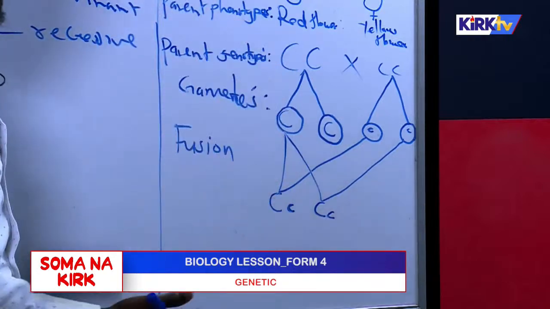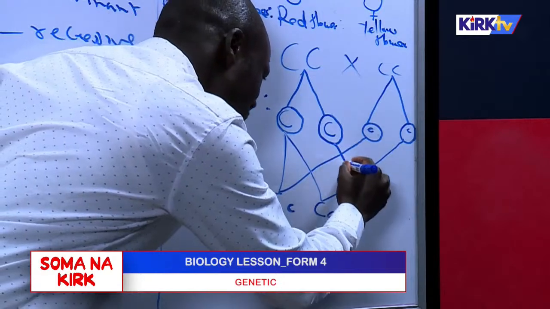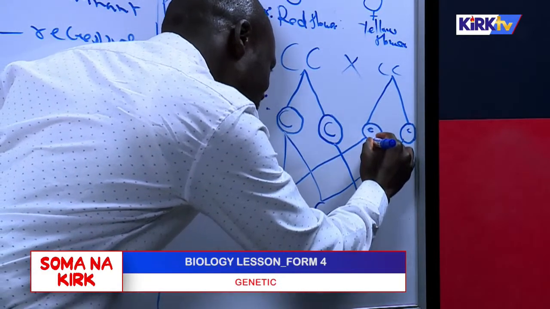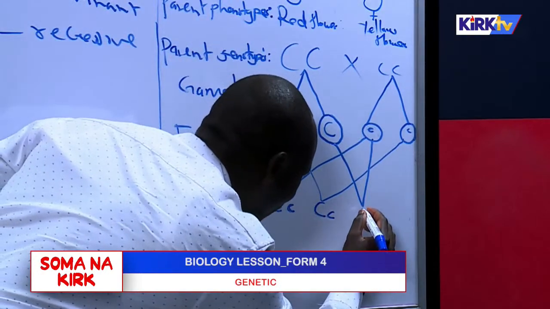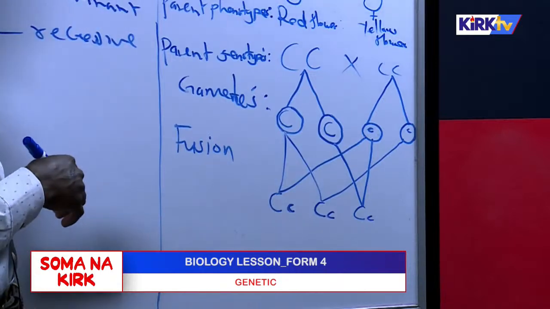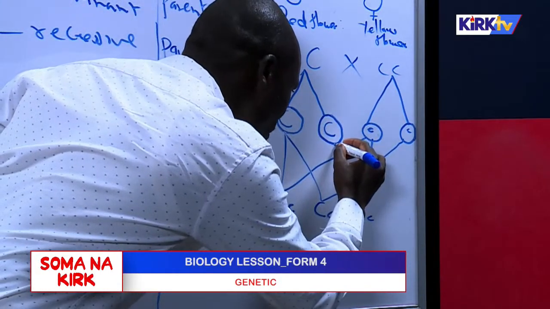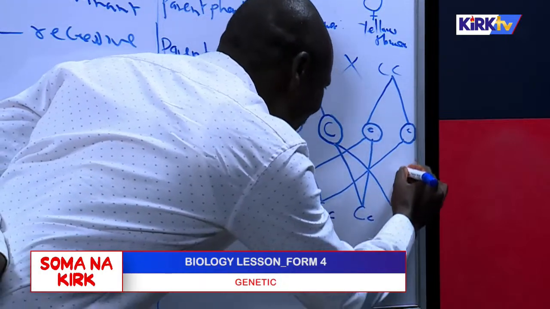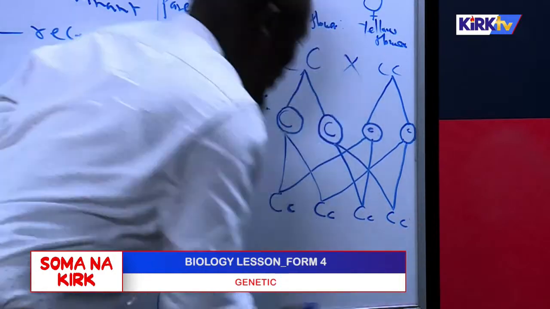There's also another chance that the other one can combine with the first one. And if it combines with the first one, we are going to have capital C, small c. The other one can also combine with the last one, also to have capital C, small c.